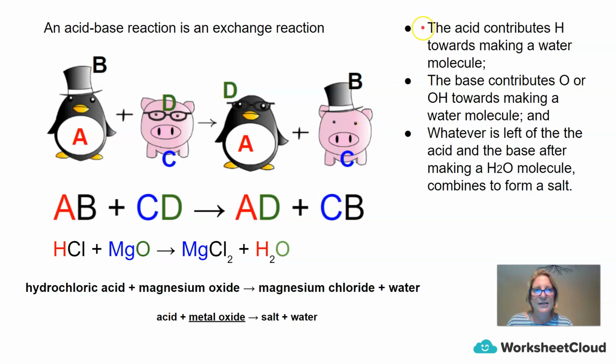So to summarize, the acid contributes an H towards making a water molecule. The base contributes an O or an OH towards making the water molecule. And then whatever is left over of the acid and the base after making the water molecule combines to form a salt.